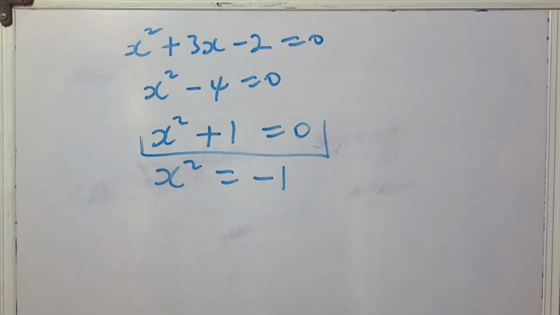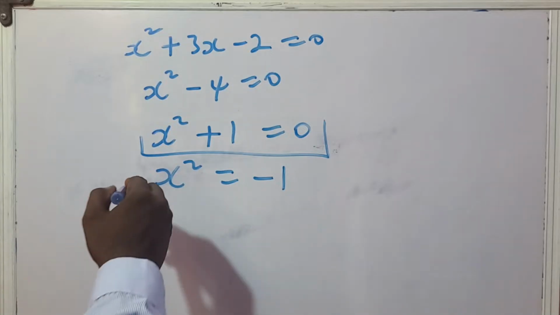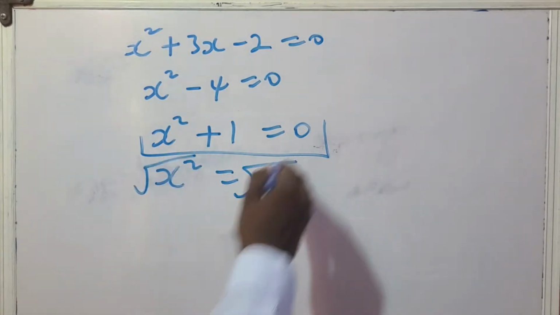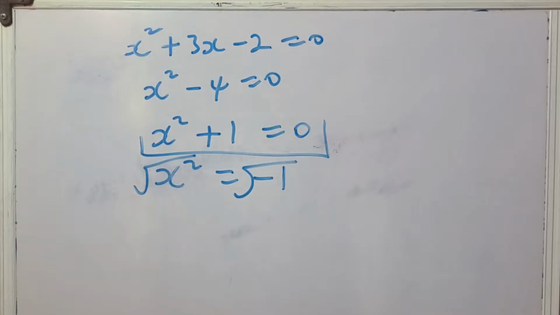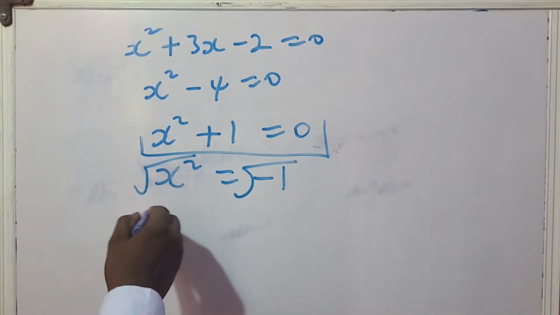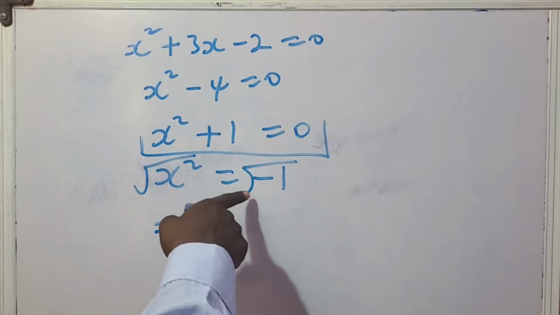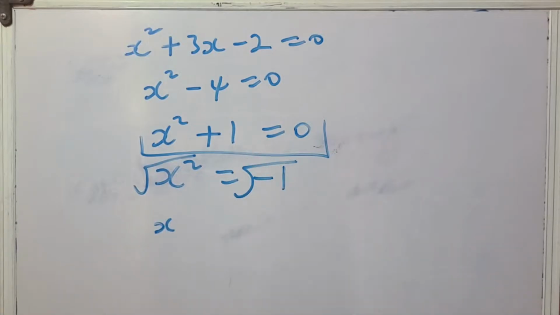When you have x squared equals to minus 1, the ideal thing to do in mathematics is to take the square root of both sides. Now, if you go on to take the square root of x squared, of course, this will give you x. But could you take the square root of minus 1? Of course, that's not going to be possible.